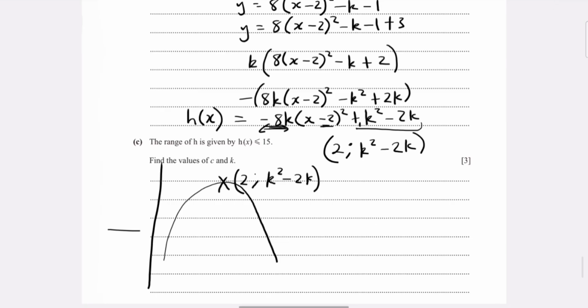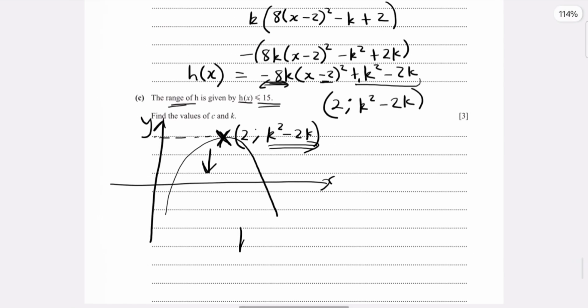Whenever we're dealing with range, we're mainly focusing on the y-axis, so we're dealing with the y coordinate. We're told that the range is given by h of x being less than or equal to 15. That means this highest point here should be at 15, or less. So we can safely say our k squared minus 2k, which is our y coordinate, is equal to 15.